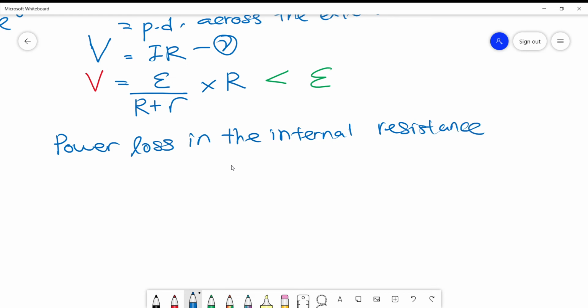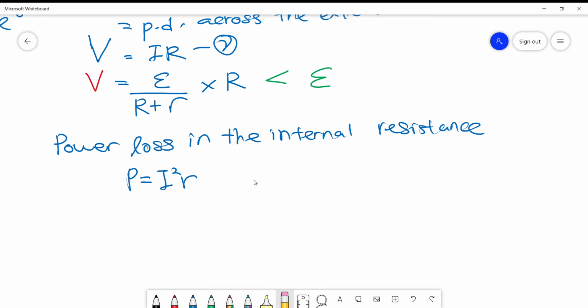The power loss for the internal resistance is I squared r. This is quite different from the power loss that we learned in the previous chapter. The external resistance power is I squared R, where the capital letter R indicates the external resistance, and the small letter r is the internal resistance.